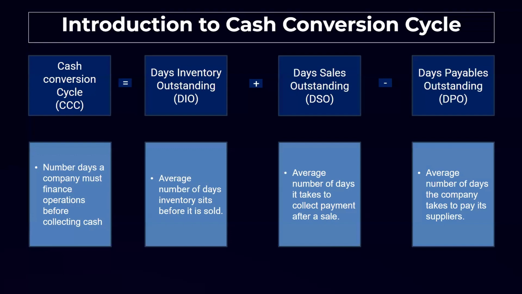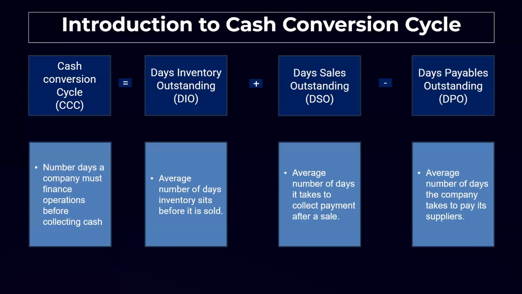In terms of days inventory outstanding, what it actually means is how many days does the inventory stay in the warehouse before it is sold? That is the average number of days inventory sits in the warehouse. So how much inventory are you holding?